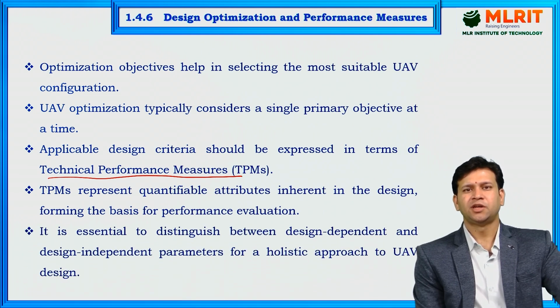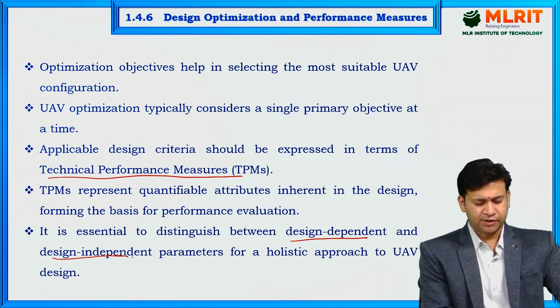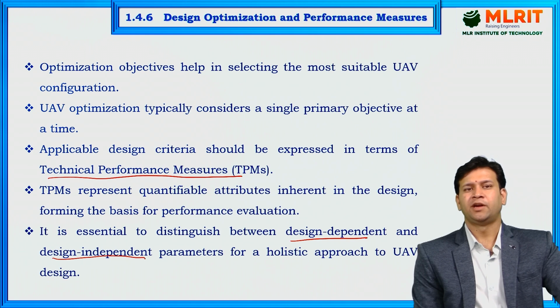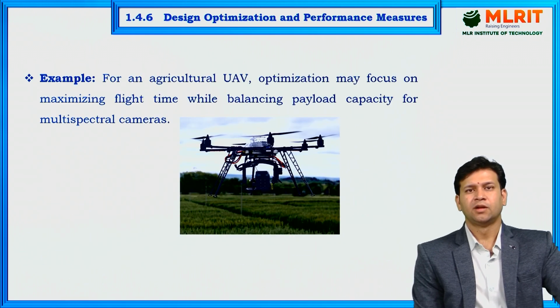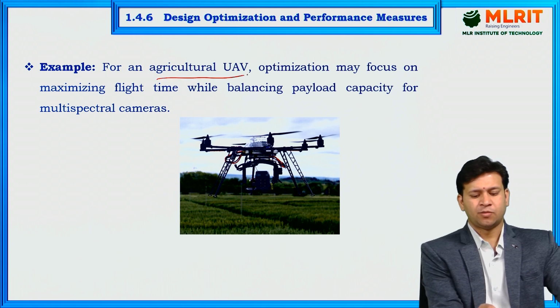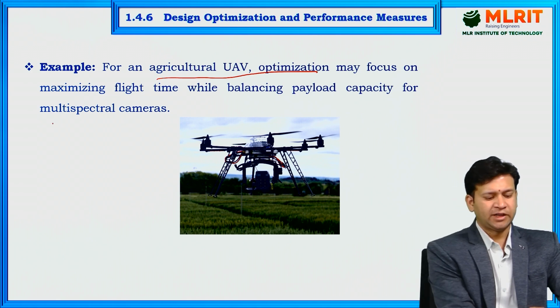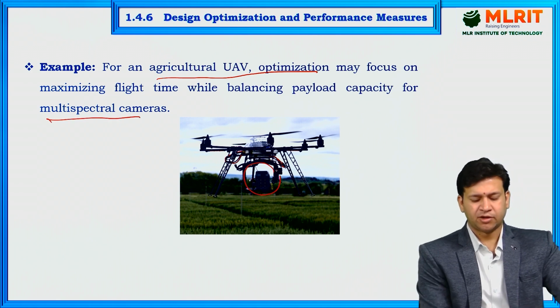It is essential to distinguish between design dependent and design independent parameters for a holistic approach to unmanned air vehicle design. For example, an agricultural UAV optimization may focus on maximizing flight time while balancing payload capacity for multispectral cameras. You can see cameras here.